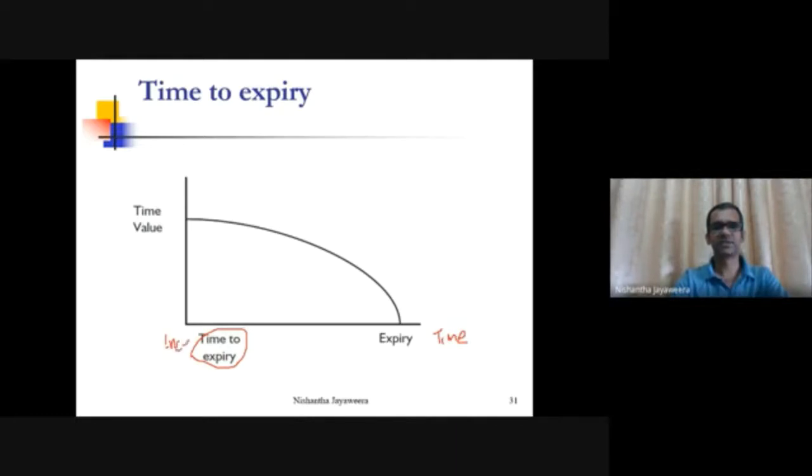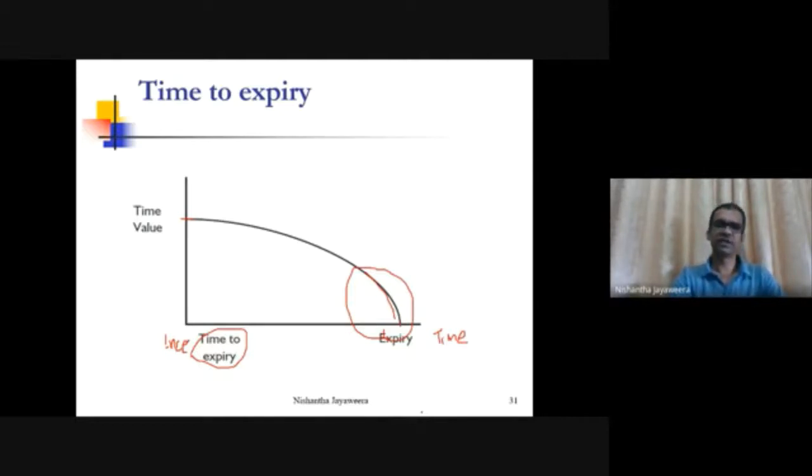That means where you start the option. So at that time, time value is high, but on the expiry date, time value is 0. You can see there's a drastic drop towards the expiry. This is how time value of an option changes.